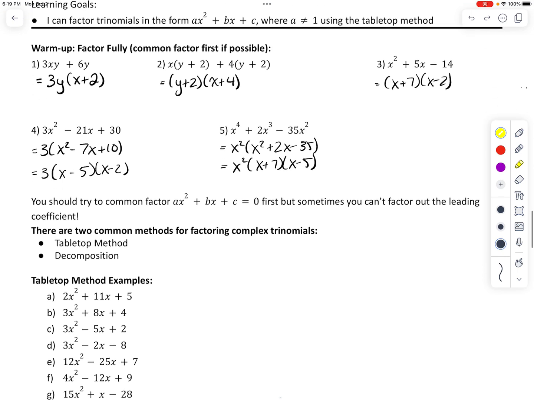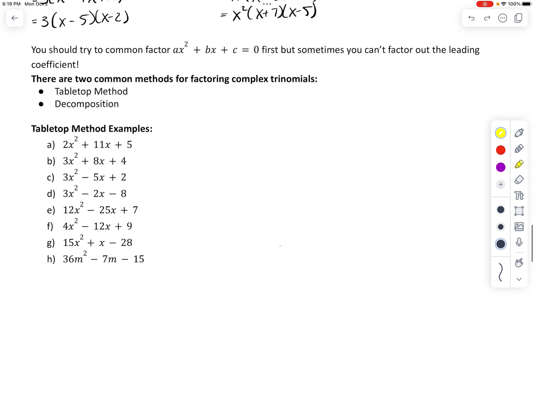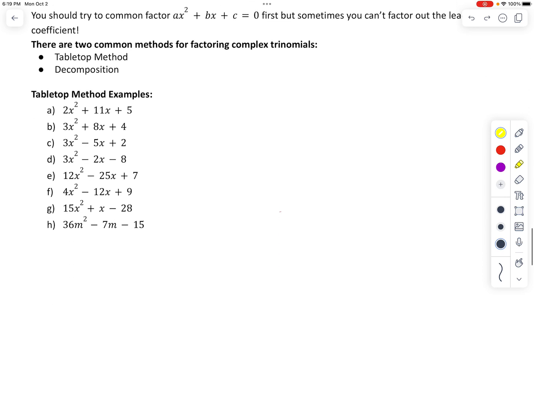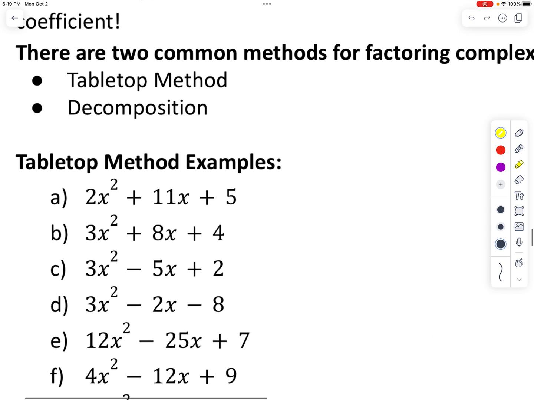I'm going to focus this video on factoring complex trinomials. So again, factoring trinomials like a through f, where you can see your a values, the coefficients of x squared, are not 1. There's 2 ways to do this. One way is called tabletop. Another option is decomposition.